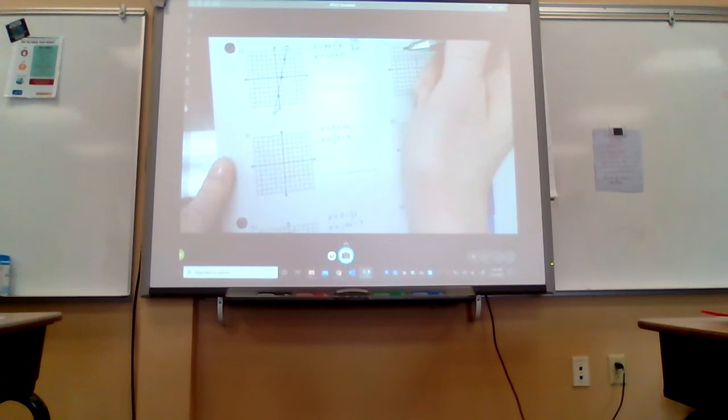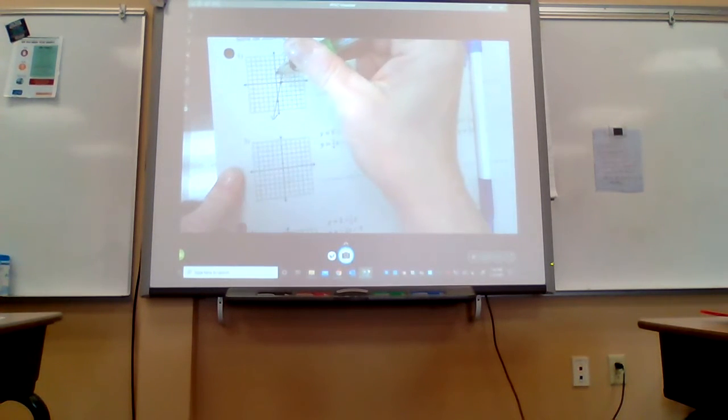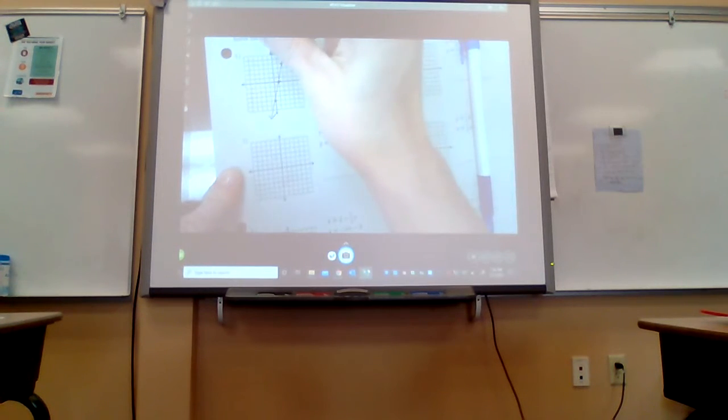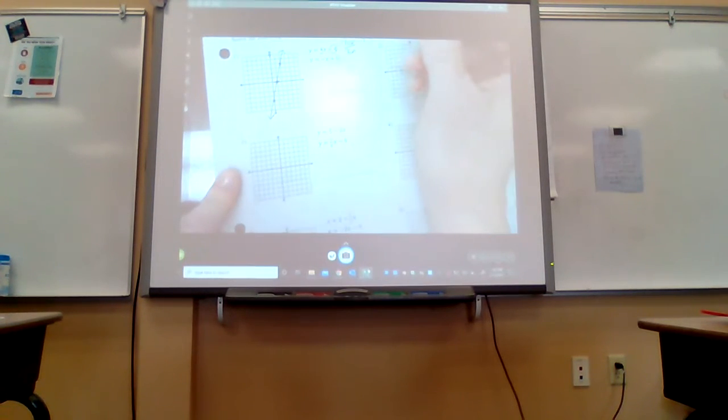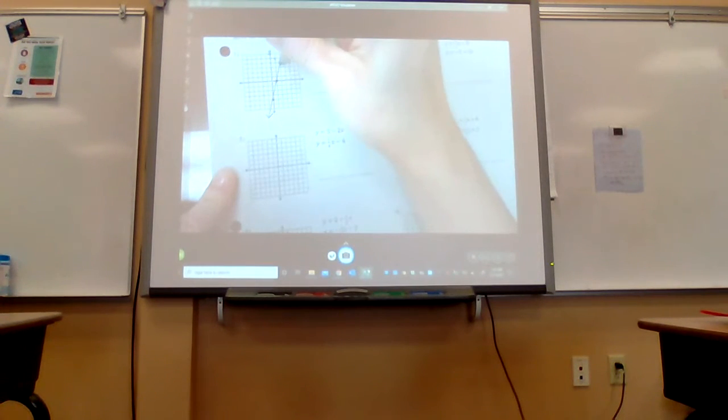Plus 6 is our starting point. 1, 2, 3, 4, 5, 6. The slope, there's no number there, so you should recall that it's 1. It would be negative 1, so negative 1 over 1, down 1 over 1.